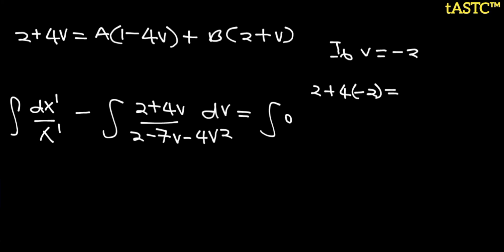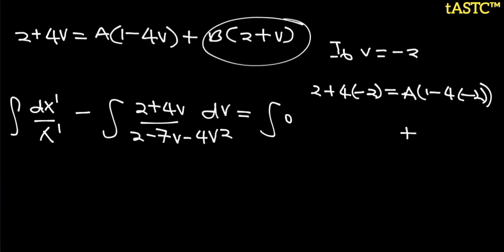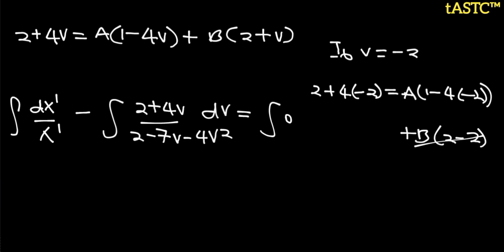And this is going to be equal to a multiplied by 1 minus 4 multiplied by negative 2. And of course, we're going to have this get eliminated, because that will be a b multiplied by 2 minus 2, which is going to get cancelled, because that will be a 0.